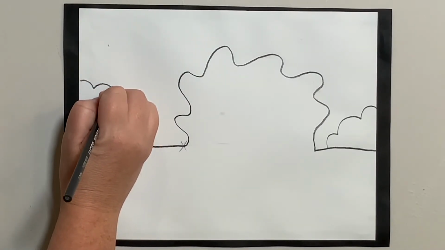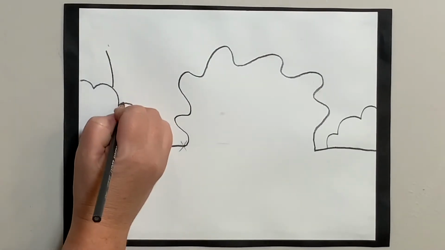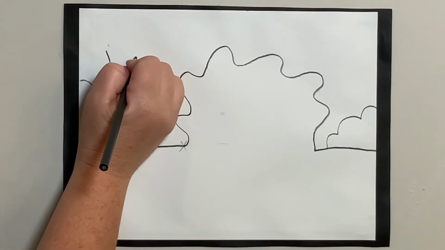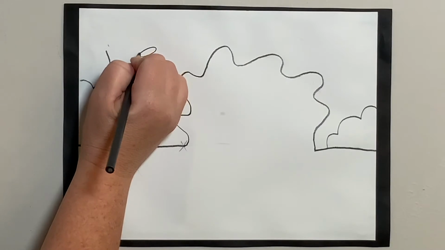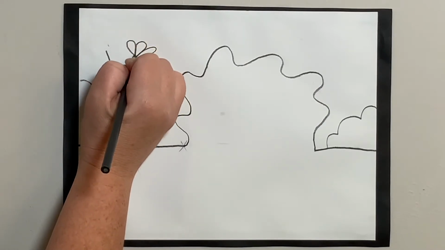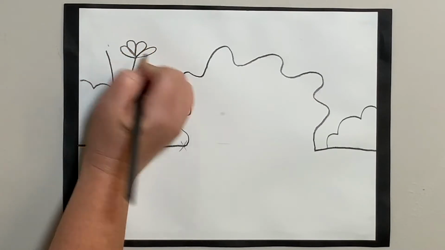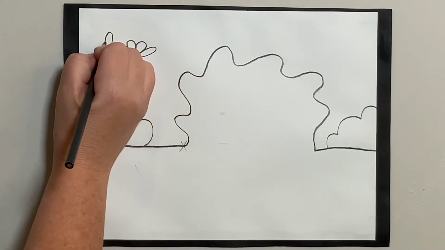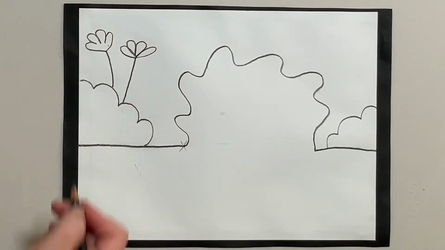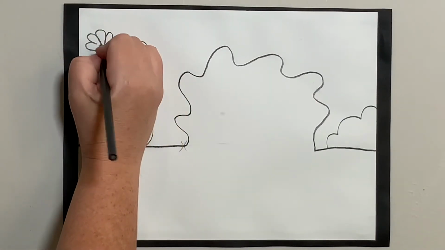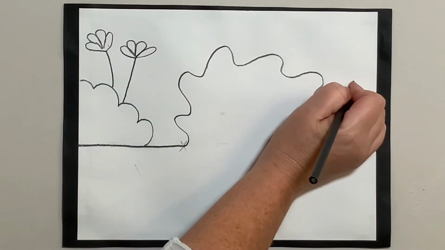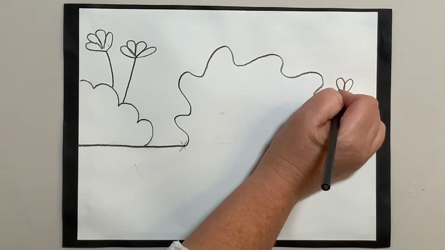Now let's draw 2 flowers. Flowers have stems. I just drew 2 straight lines, and we're going to use our curvy line to make, look, curve, curve, curve. We're going to make some flowers, just like that. However you want to make flowers, it's fine. I thought, why don't we go ahead and put some more on this side?